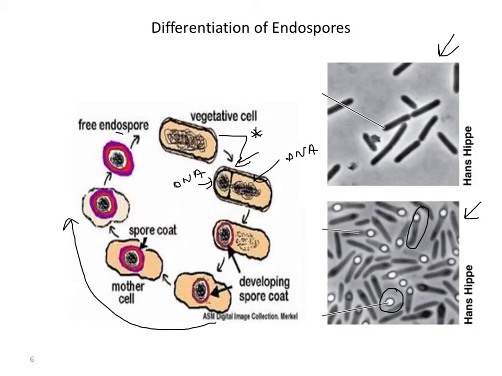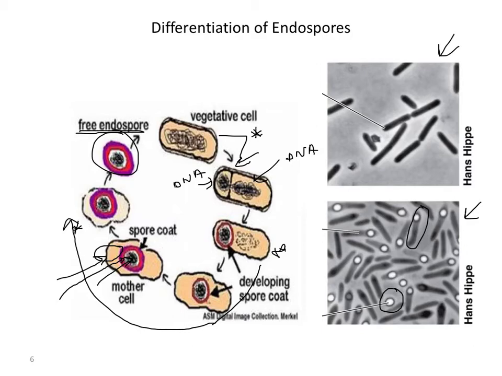There's the free endospore that results from the process, and here in these steps, basically from here to here, you can see the vegetative cell degrading away as the core in here and the cortex here and the exosporium, this region, form until you get a complete free endospore.